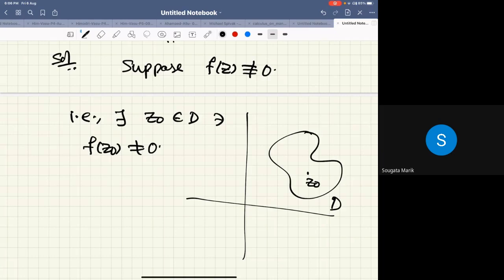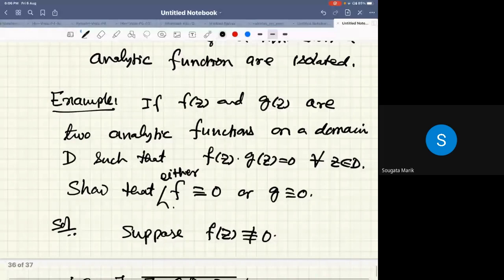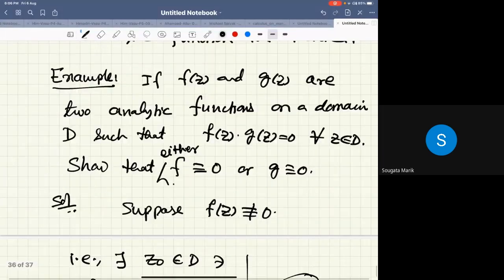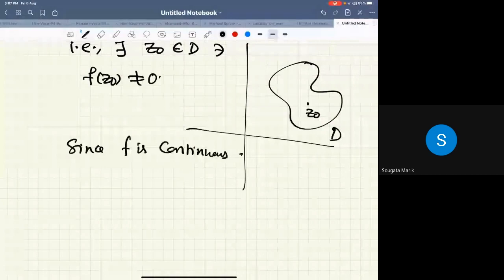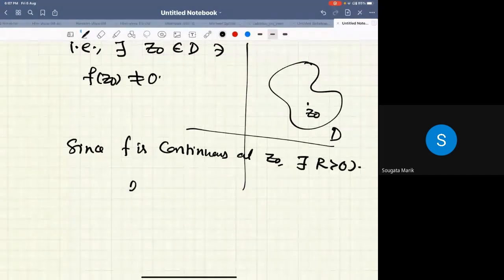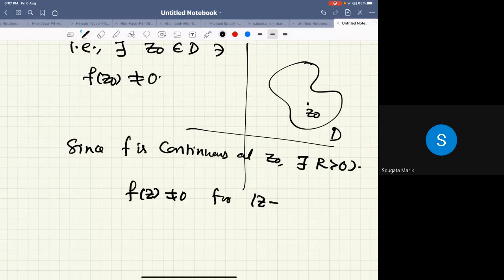Now what is given? Our f is an analytic function, so in particular it is a continuous function. Since f is continuous at z naught, there exists an r greater than 0 such that f of z is non-zero for mod z minus z naught less than r.